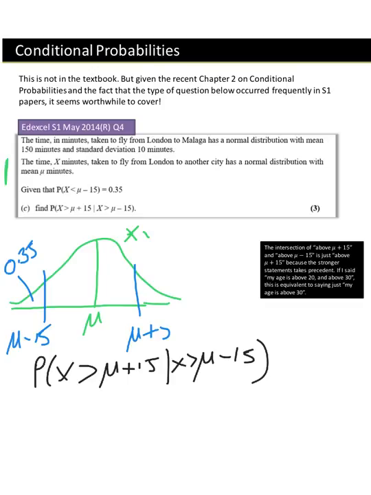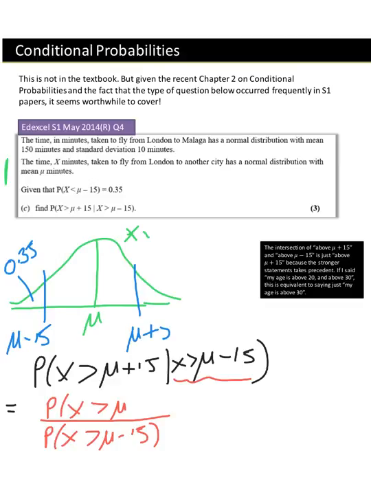So using our conditional probability rule, on the bottom of our fraction we have the probability that x is greater than mu minus 15. And on top, we're going to have the probability that x is greater than mu plus 15. Now what you've got to remember, what goes on top is the intersection of our A and B.